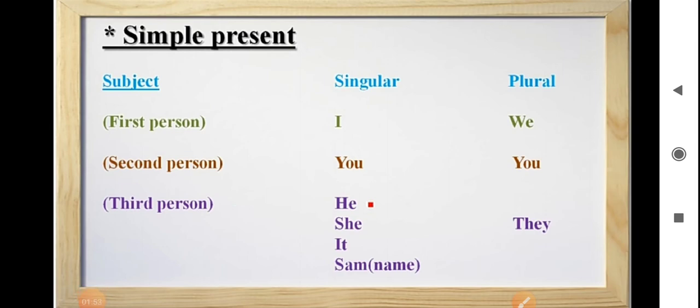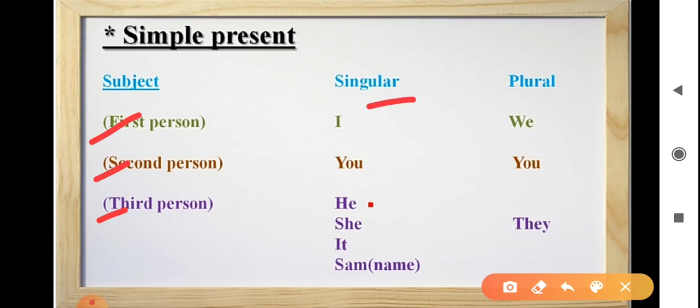Before moving further, we should learn about subject. Subject has three types: first person, second person, and third person. All three types have singular and plural forms. I and we are first person, in which I is first person singular and we is first person plural subject.